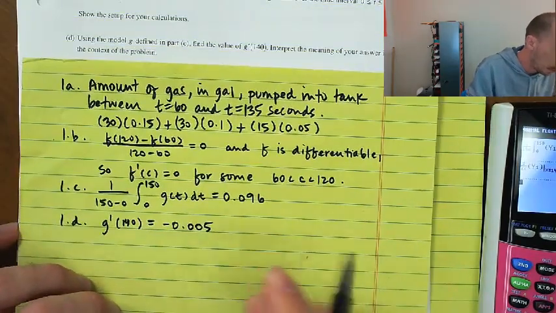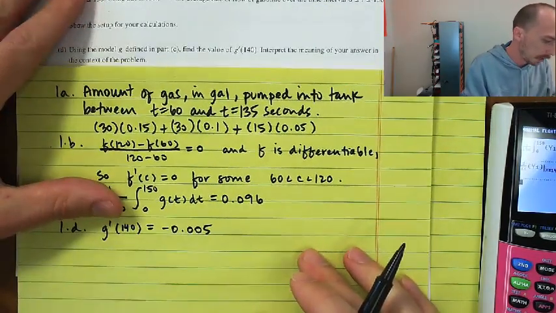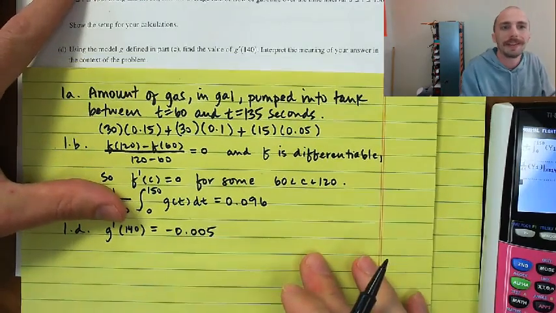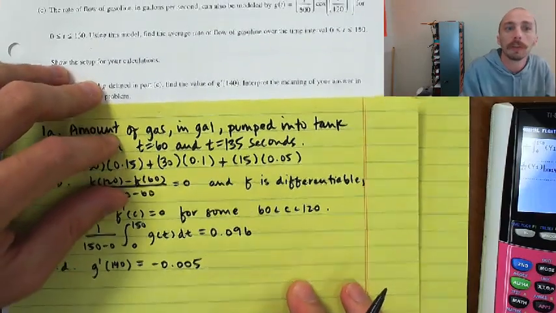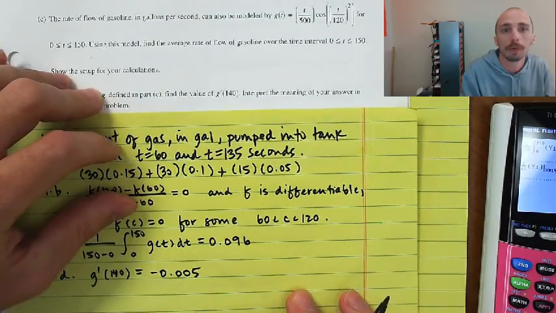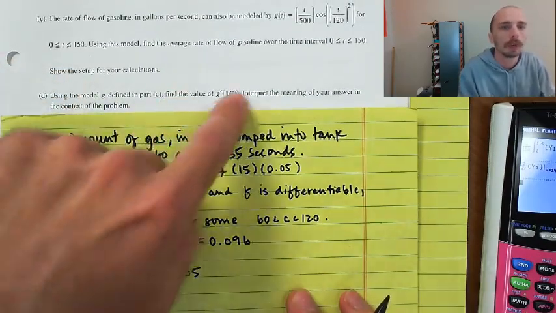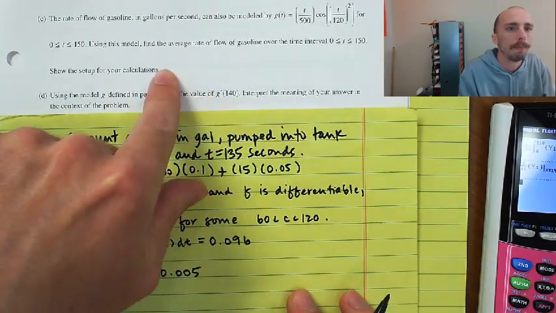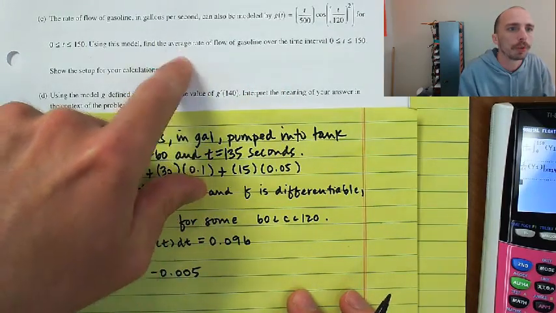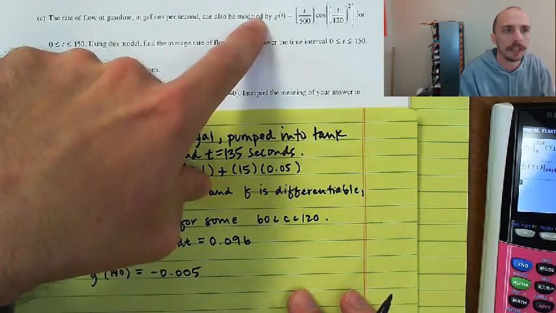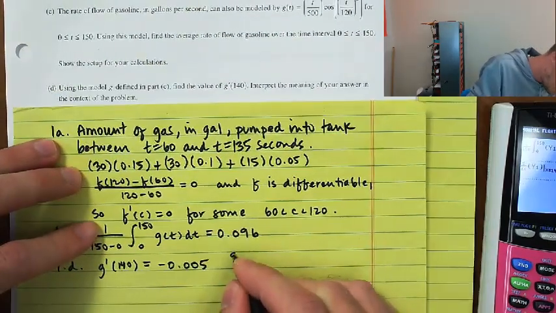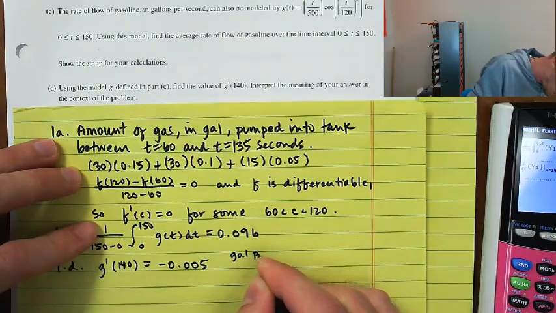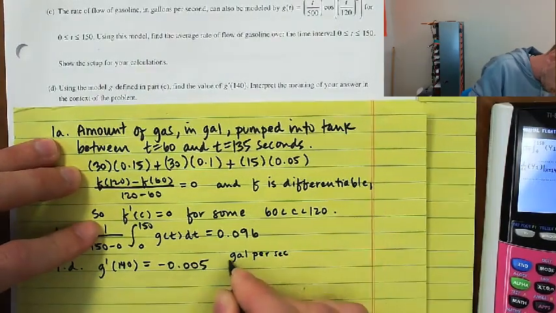And it said, interpret your meaning in the context of the problem. And it didn't say using correct units, but I think it might be good for us to write down the units so that we're like pointed in the right direction for the meaning. So I'm going to go over here and I'm going to say, all right, gallons per second is G, T is seconds, so the derivative of G is going to be gallons per second per second.